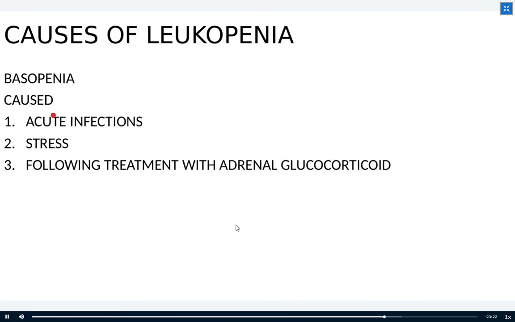And another one would be your basopenia, which is decreased basophil seen in acute infections, stress, and following treatment with adrenal glucocorticoid. Hindi ko na siya i-explain, class, kasi pag i-explain ko pa yung iba, kulang yung time natin. I'll try to cover it na lang sa ibang araw ng lecture natin.